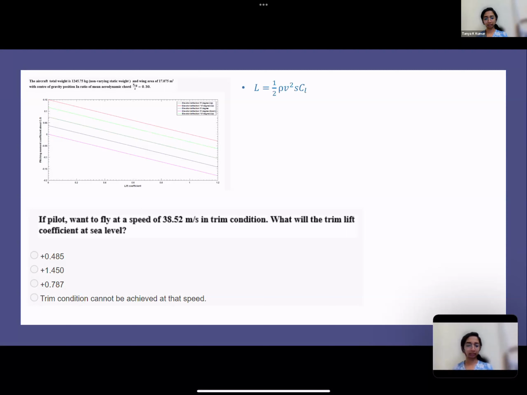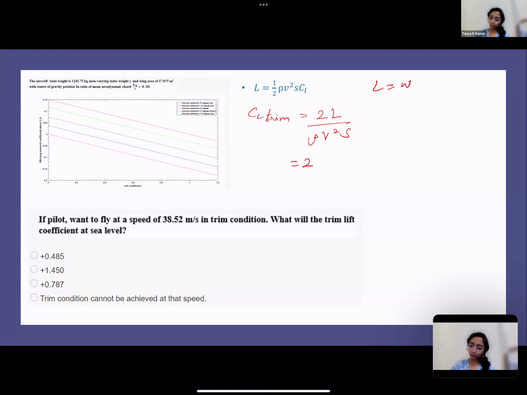It's the lift equation, so CL trim. You just plug in the values here. It's 2 into lift by rho V square S, and since it is at trim, lift equals weight.